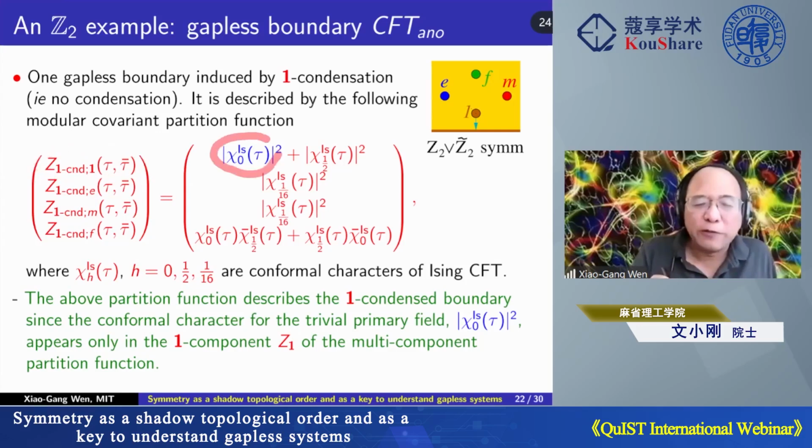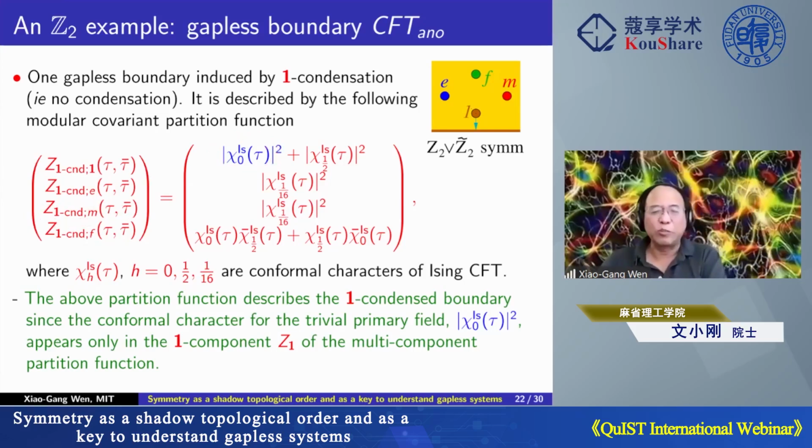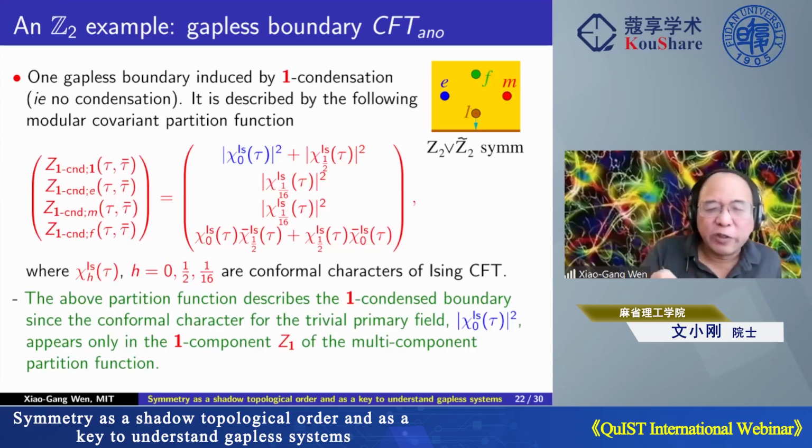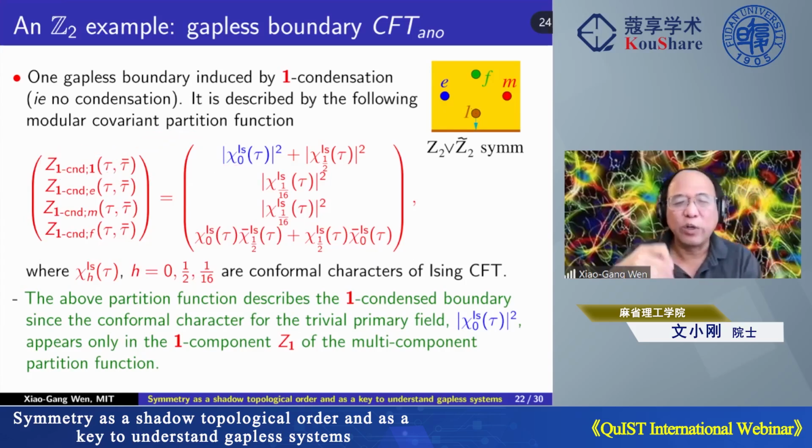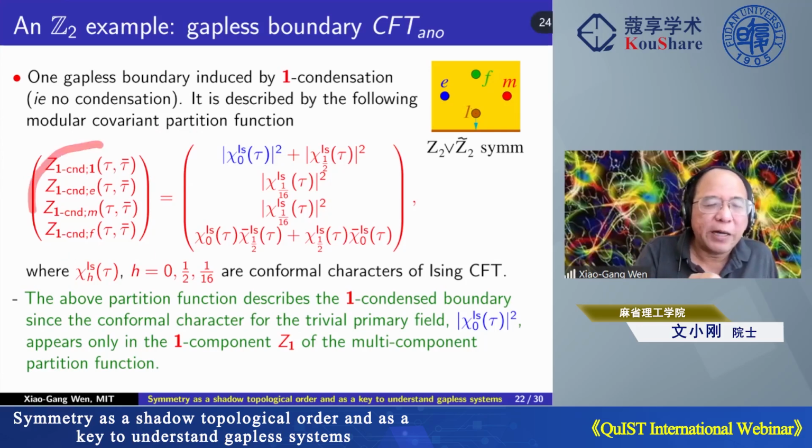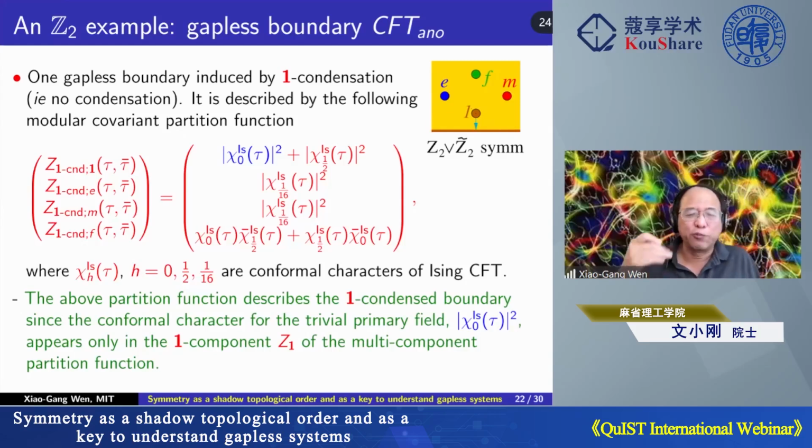If the trivial primary field appeared in other components, that would mean some non-trivial condensation, and that would break categorical symmetry. Since the trivial primary field appears in only one component, we have a full categorical symmetry. So this partition function really describes an anomalous gapless boundary with full categorical symmetry, nothing breaking.